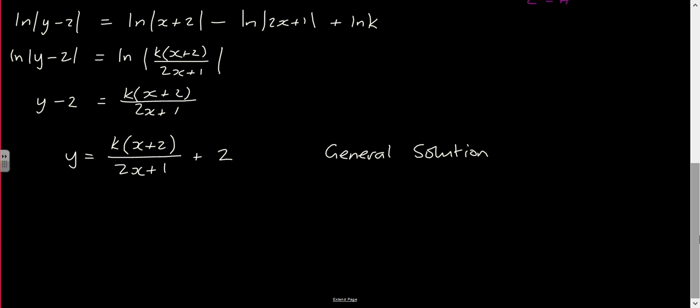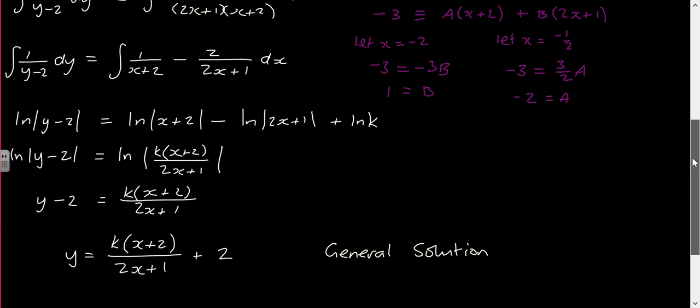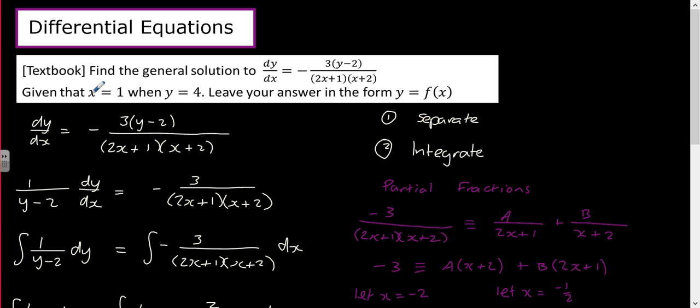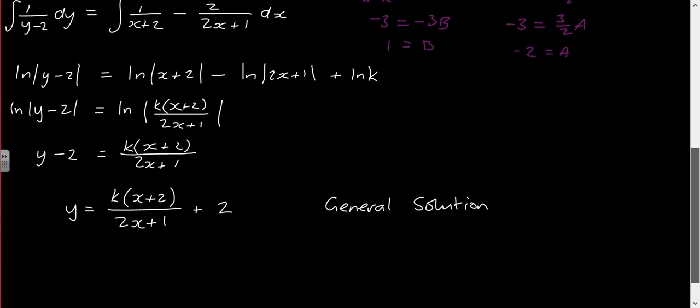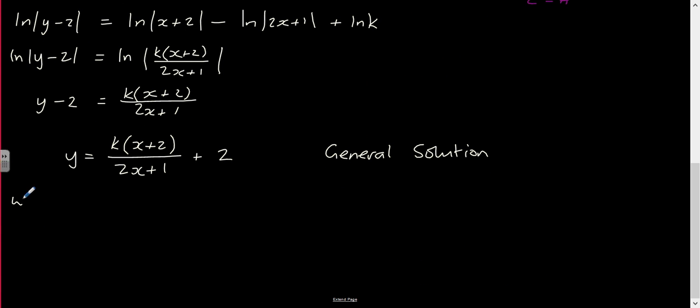Now the question didn't want the general solution, it wanted the particular solution. So we were given some boundaries. We were given x equals 1 and y equals 4. So when x equals 1 and y equals 4, we're going to substitute those in and see what we get.